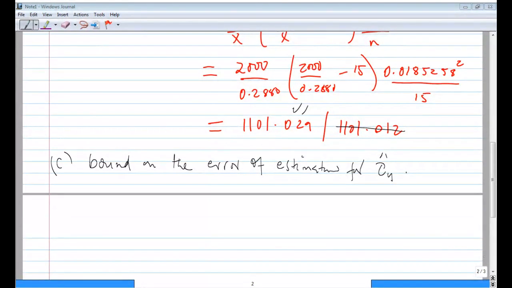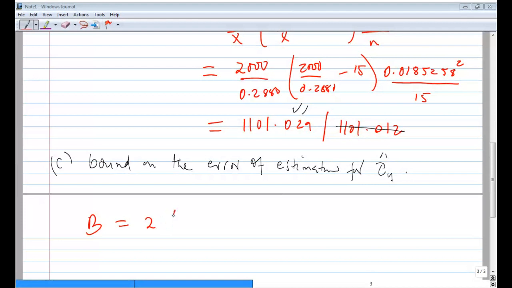Okay. Then we square it. Are we together? Yeah. Okay, now let's find a bound. Bound is equal to 2 times the square root of the estimated variance of tau y.